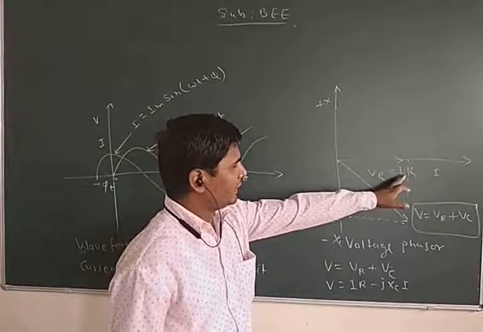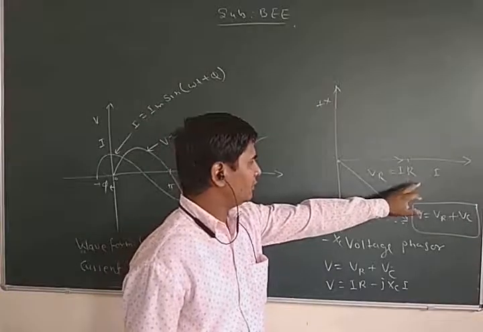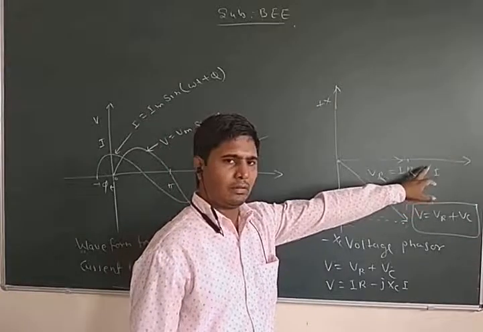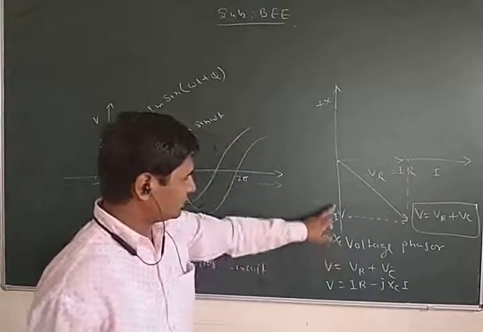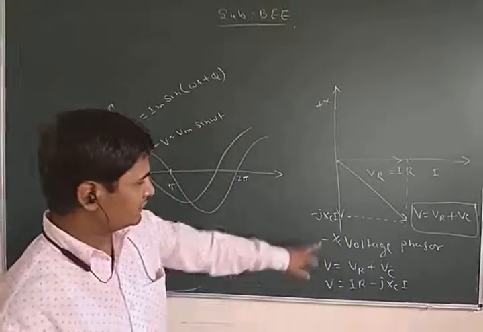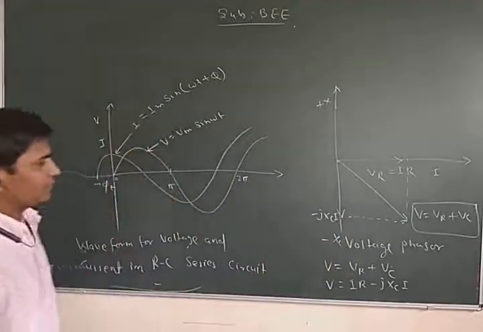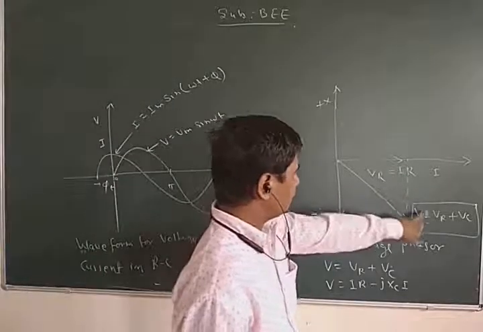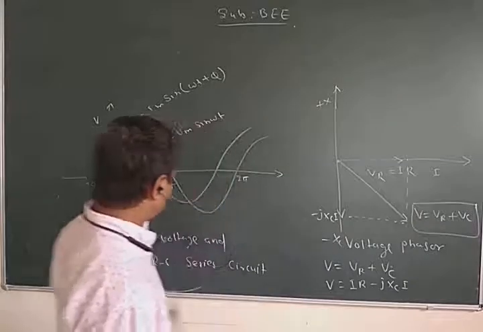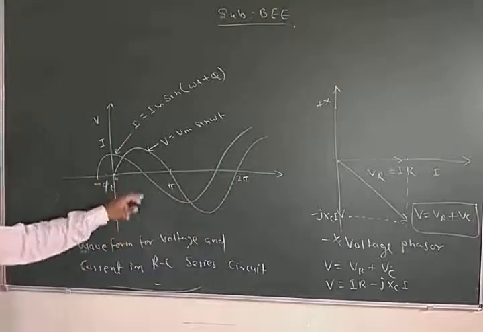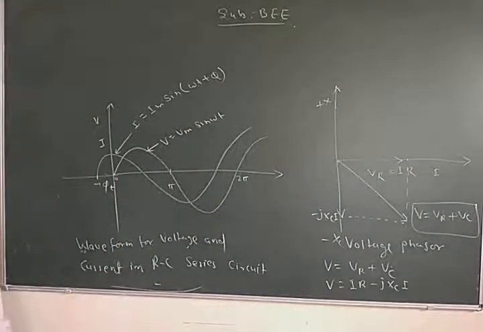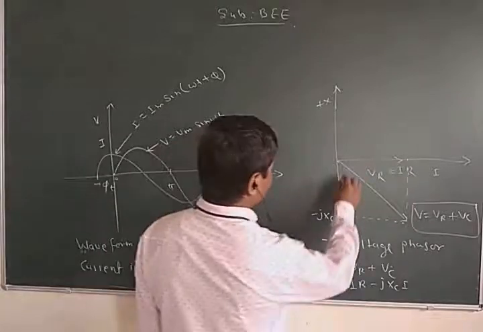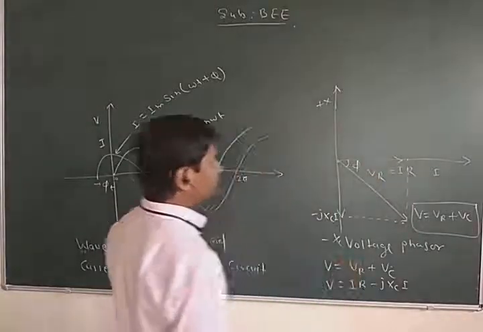This is also an impedance phasor, with R on the x-axis and XC on the y-axis, the imaginary axis. So this is the phasor diagram for voltage in the RC series circuit, and this is the waveform for voltage and current in the RC series circuit. This angle is phi.